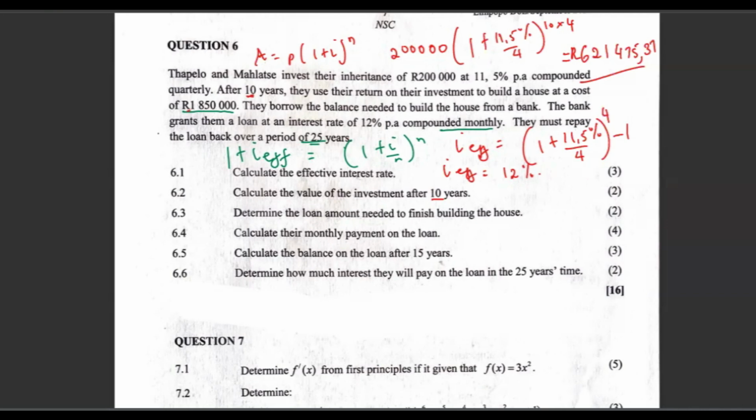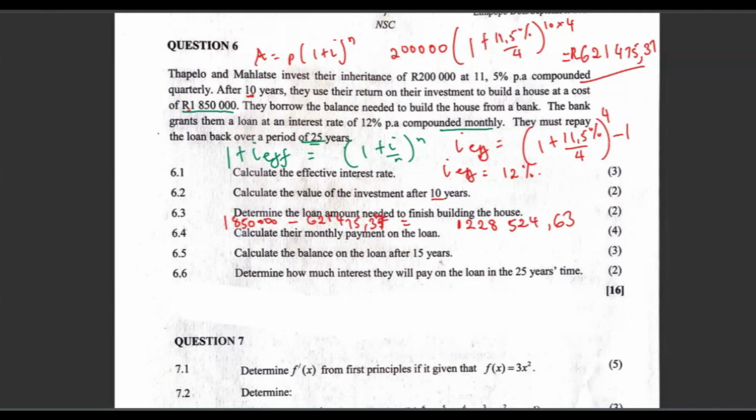So let's subtract the 621,475.37 and let's see what we get. That gives us 1,228,524.63.